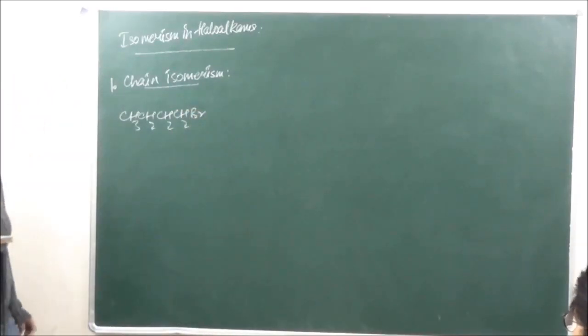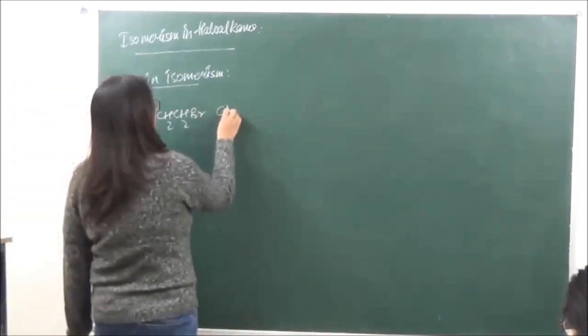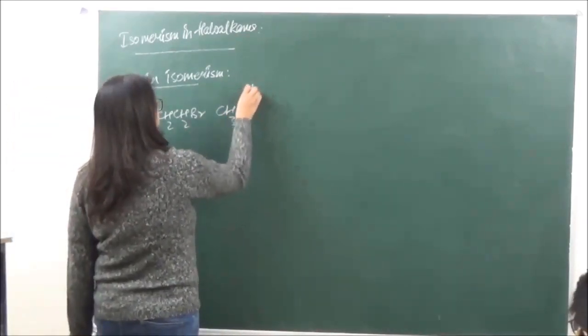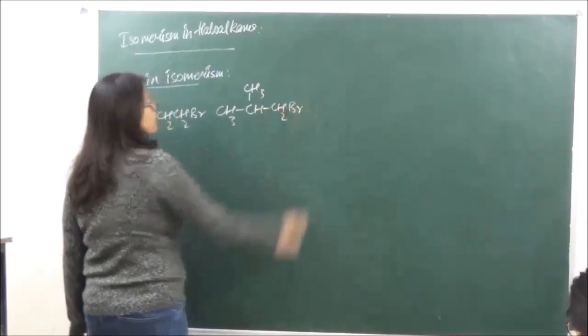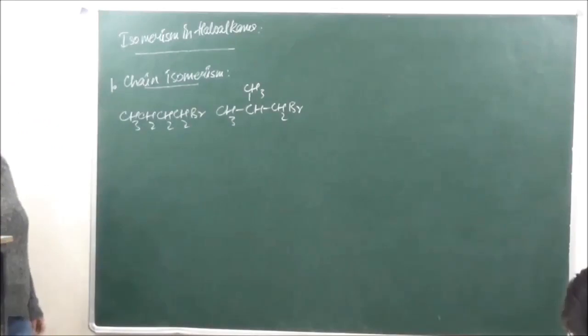1-bromobutane, okay? And if we make its isomer, then this is going to be 1-bromo-2-methylpropane.